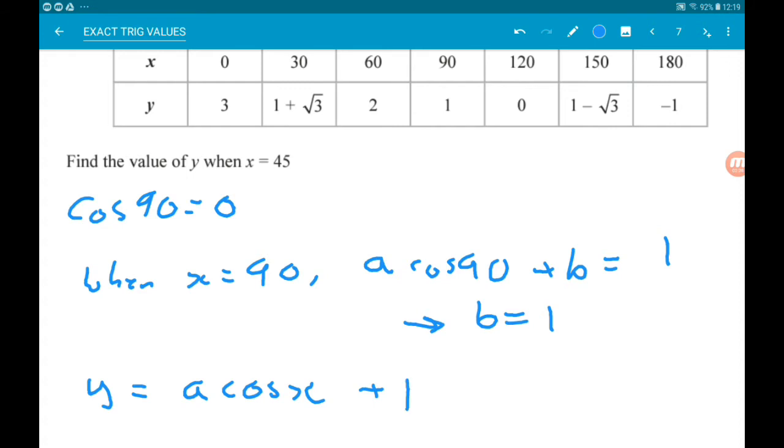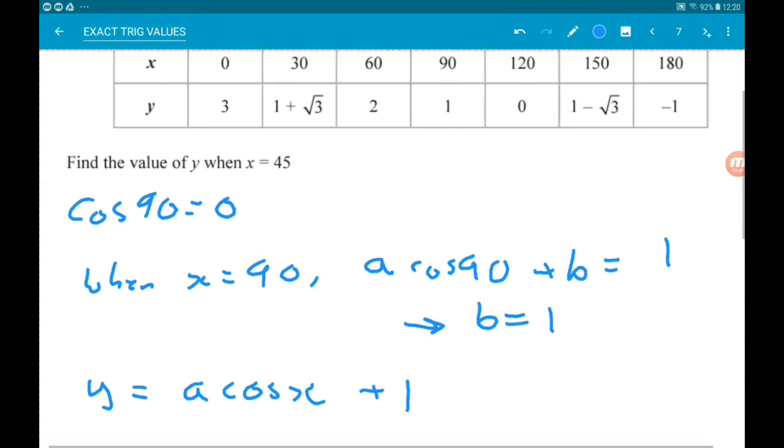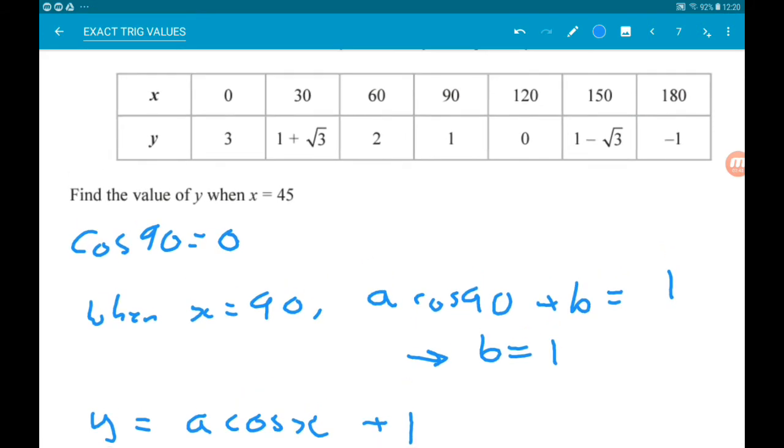So, now that we know the value of b, we need to use another value of x to find a. There's no point in using a horrible surdy one, so we know that cos of 0 is 1, so let's use that, because our y value is 3.